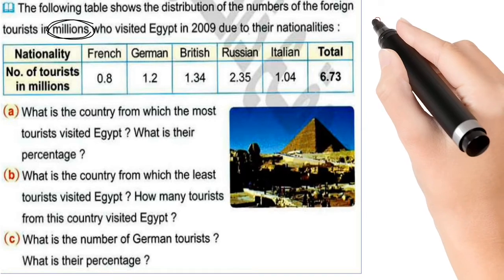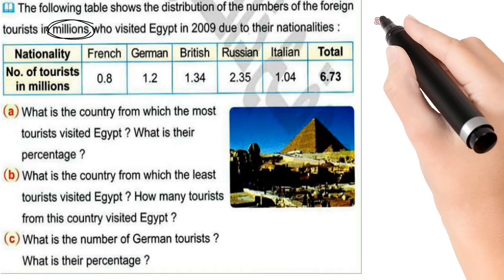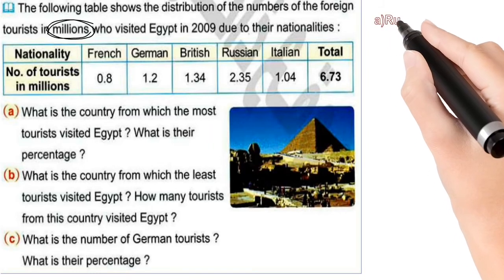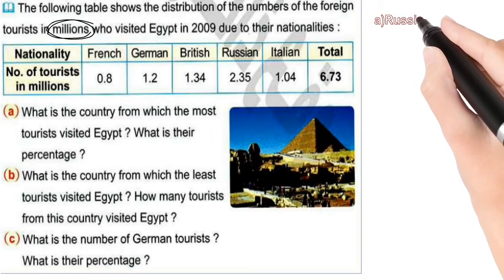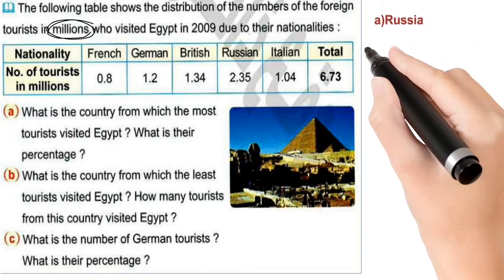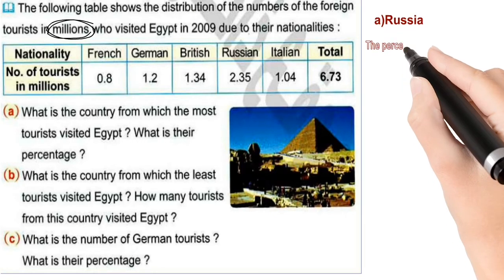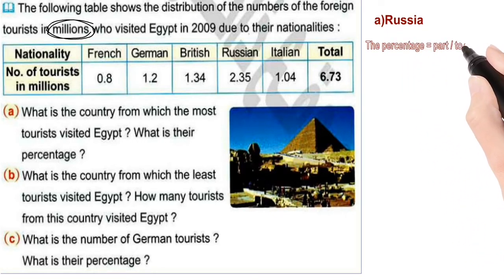Letter A. What is the country from which the most tourists visited Egypt, and what is their percentage? The top country is Russia. It has 2.35 million tourists. What about the percentage? We said before, what is the meaning of percentage? Percentage means part over total multiplied by 100.